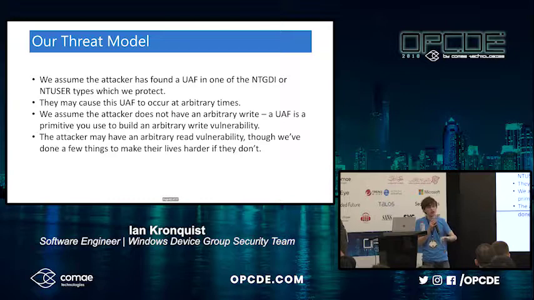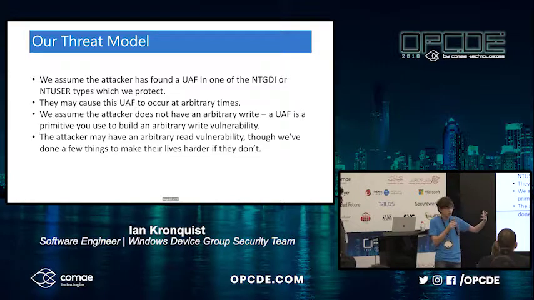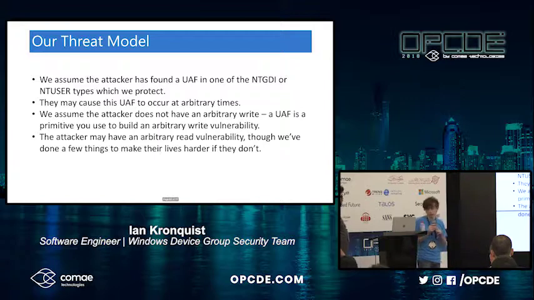However, we assume that they do not have an arbitrary write vulnerability. Usually, a use after free is something you use in one of the first steps, which Saif showed you, in order to build an arbitrary write vulnerability. However, we want to make sure that our mitigation is secure in the face of an arbitrary read vulnerability. So that if the attacker can read the data structures within the kernel, our mitigation will still be secure.